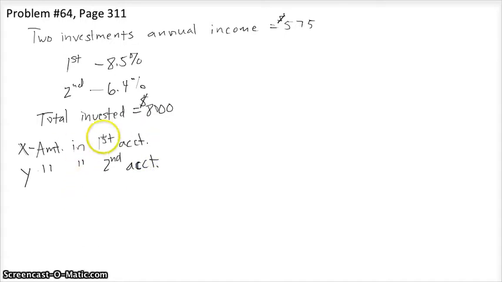We need to create two equations. If we invest a total of $8,000, the amount in the first one and the second one have to add up to 8,000. So here's my first equation.